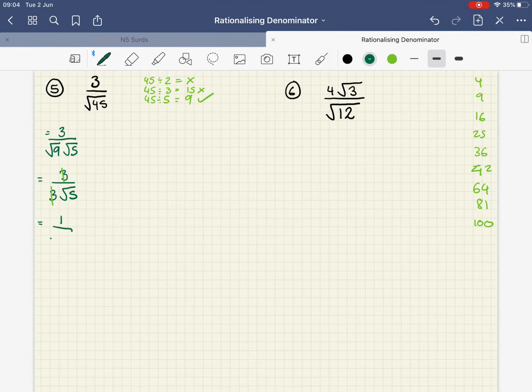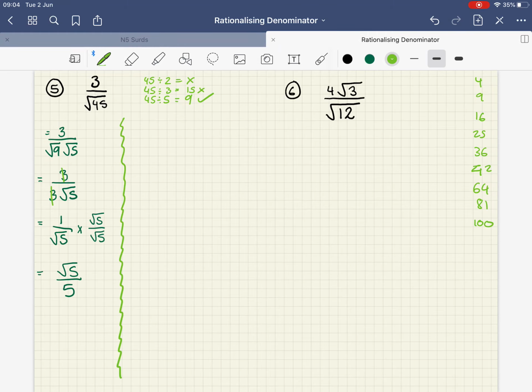So now I'll have 1 over root 5. And now I'm going to rationalize the denominator, so multiplying the top and the bottom by root 5. So I'm just going to have root 5 on the top and then just 5 on the bottom. So that's what it comes out to when I simplify at the beginning.